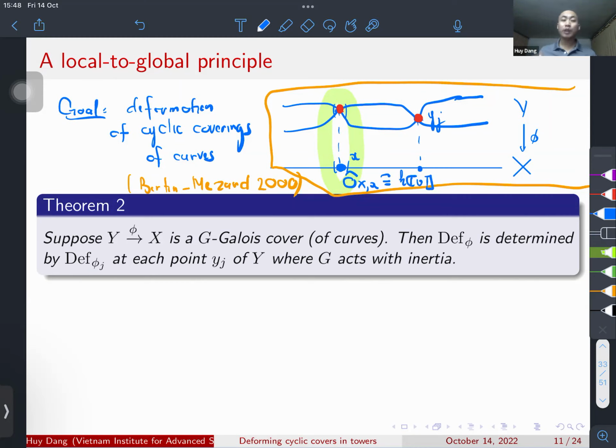So it suffices to understand the deformation of the extension of power series rings. So from now on, we will mostly play with power series. And in many cases, you can even go back, right? You have an extension of power series, you can go back to a one-point cover of the projective line. So you can go back to the global. In some cases, it can help you reduce the calculation a lot.